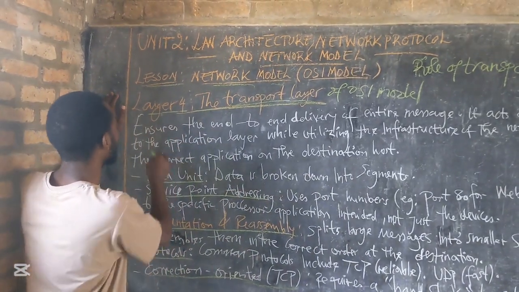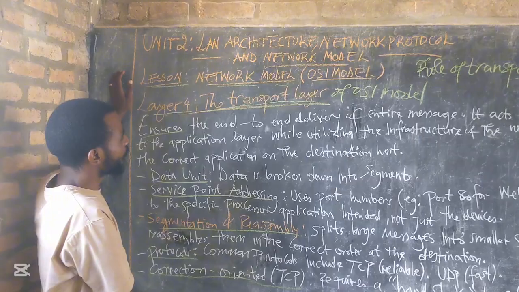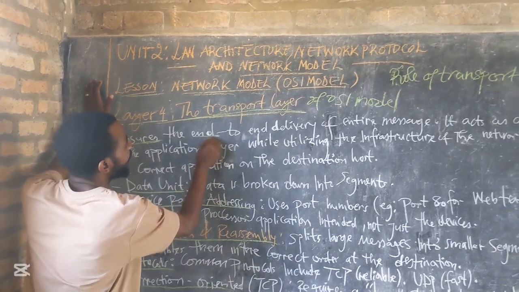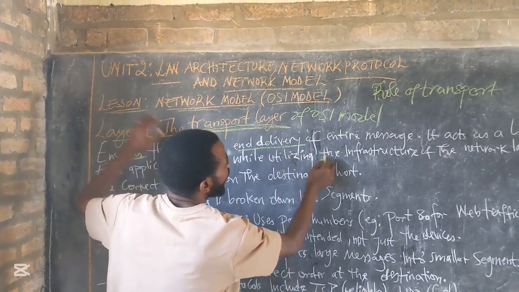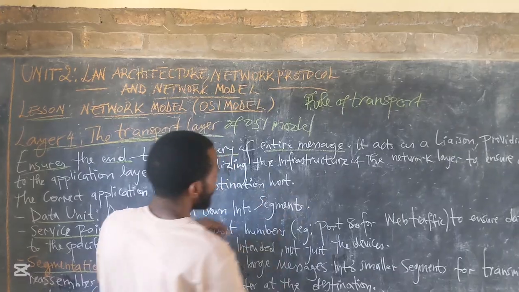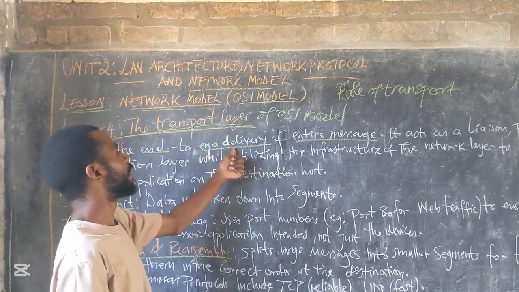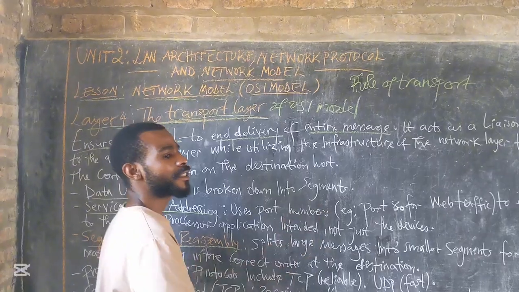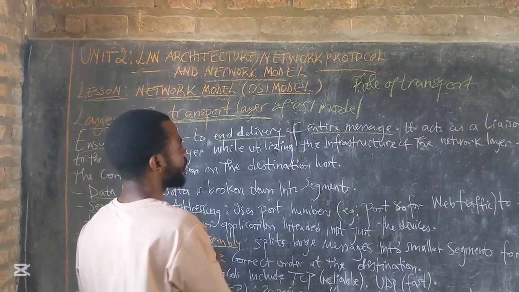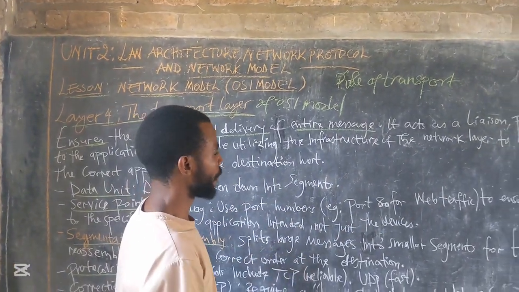Then on our computer, this transport layer ensures end-to-end delivery of the entire message. Our message must be delivered, must be transported from one device to another device.